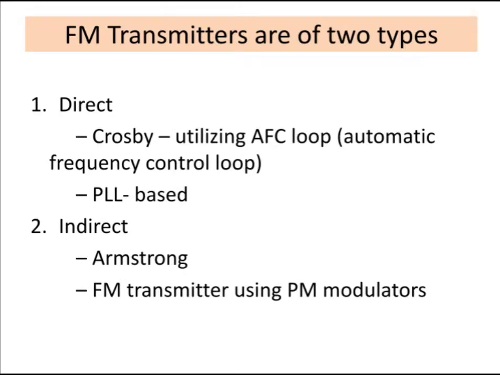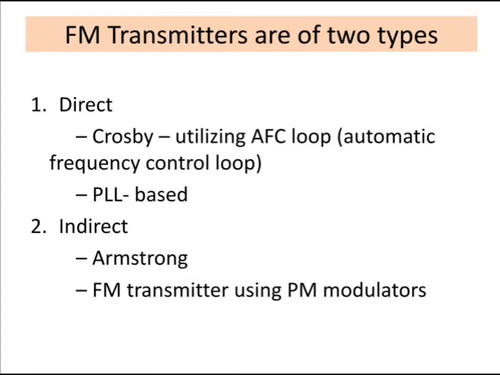There are two types of FM transmitter, as in the case of AM transmitter. The AM transmitter had two types: low level AM transmitter and high level AM transmitter. Here the FM transmitters are of two types: the first one is direct and the second one is indirect FM transmitter.